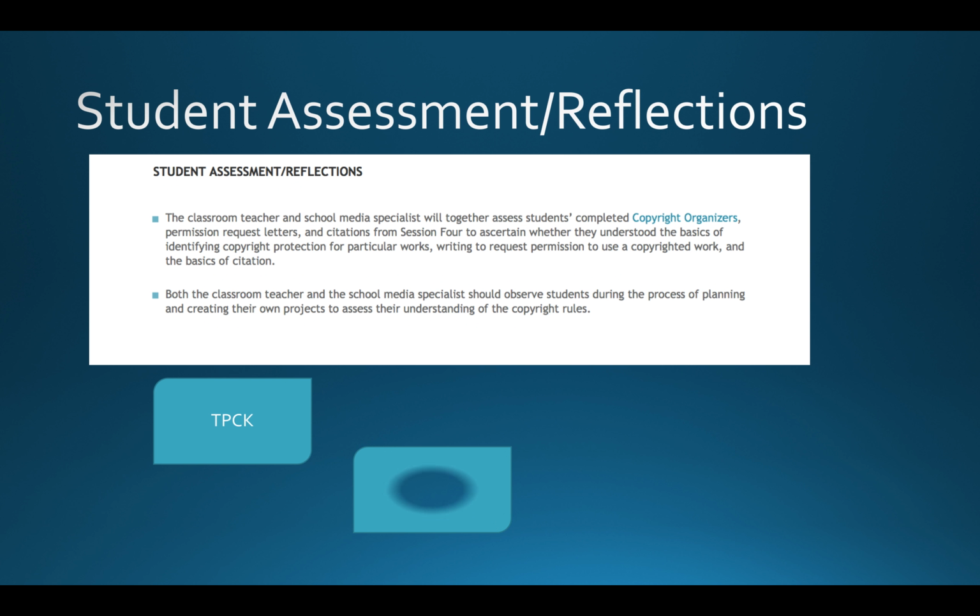And then the second bullet, I see a lot of PCK. So pedagogical content knowledge of teachers and the ed professionals or the media specialist, knowing exactly how to observe these students and to thoroughly ensure that optimal learning and understanding of the content is occurring.